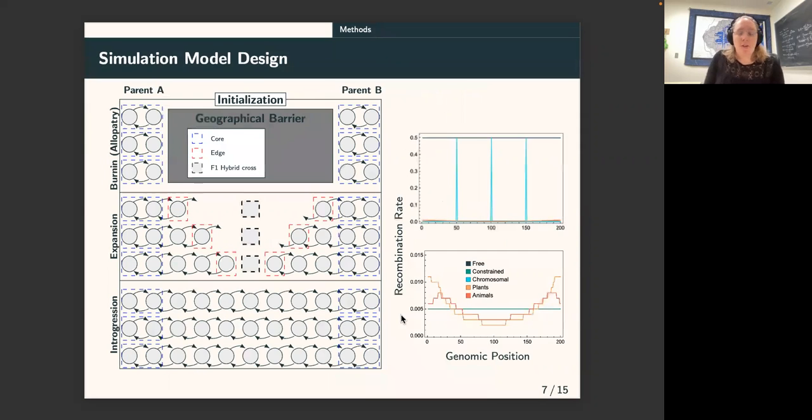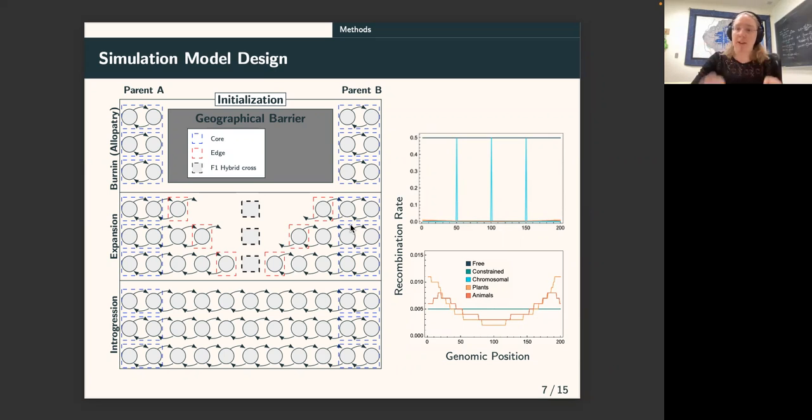All right. So here is the individual based model simulation setup that we used. So we start by simulating the two parental populations in allopatry. This is pretty boring, but essentially we let them reach eco-evolutionary equilibrium. We then let the two populations start expanding across the landscape.